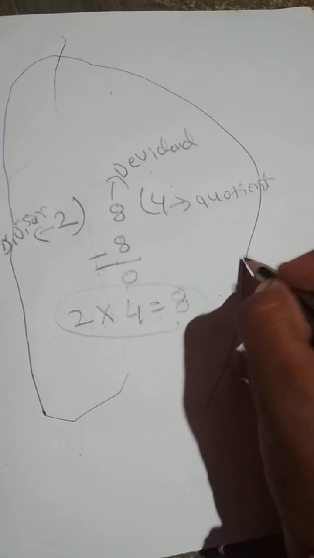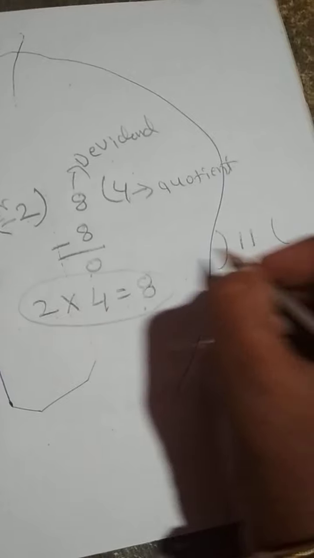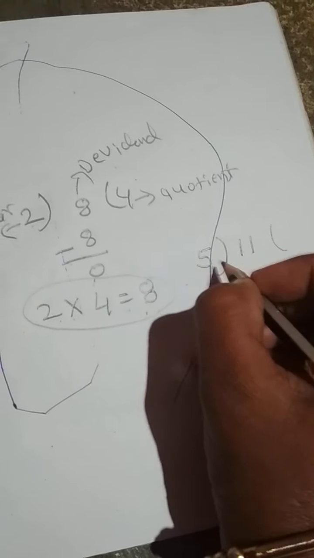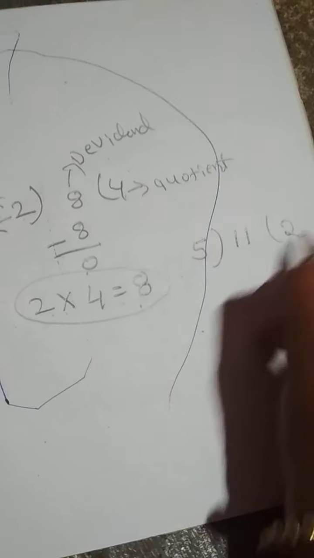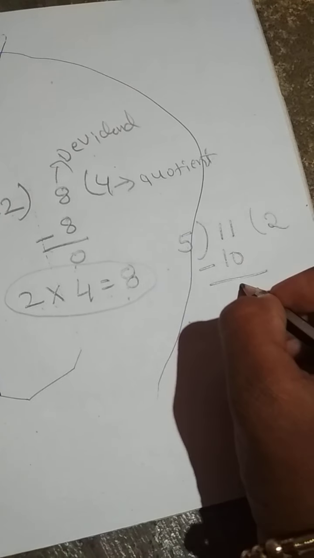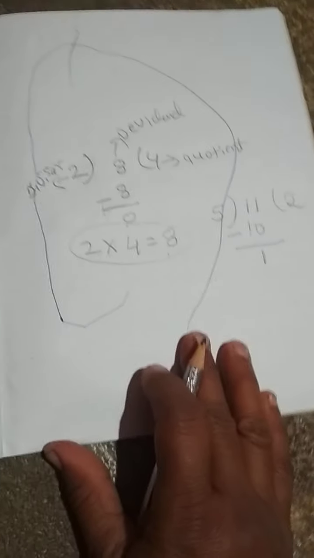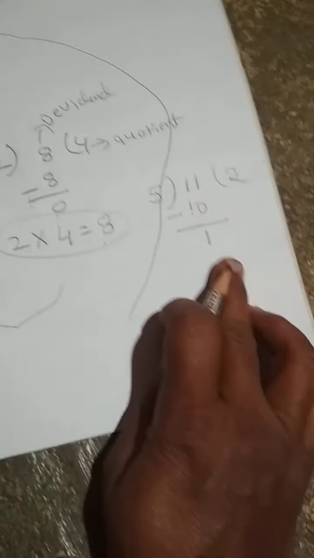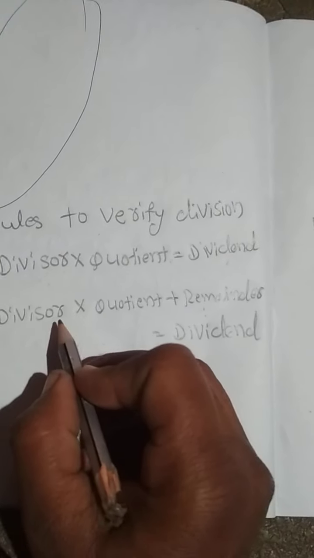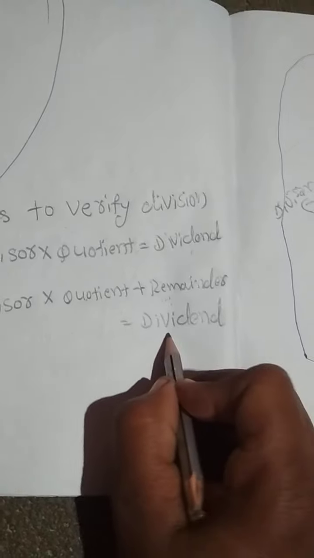And here, students, another one is there. Here 11 is there. Here 5, 5 times 2 is 10. You subtract here. 11 minus 10 is 1, so here a remainder is coming. When a remainder is coming, you use this rule: divisor into quotient plus remainder equal to dividend.